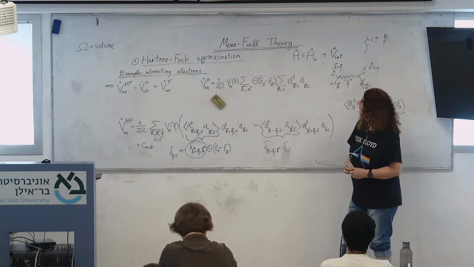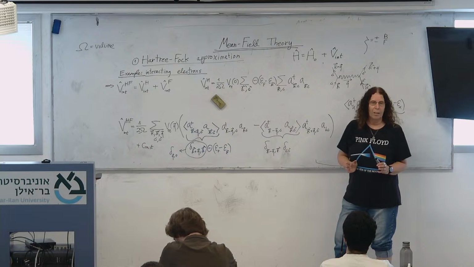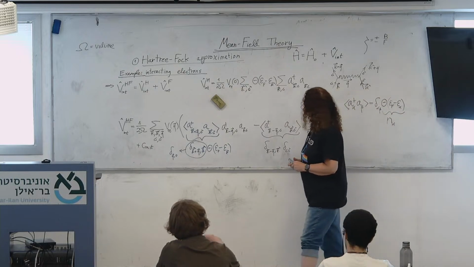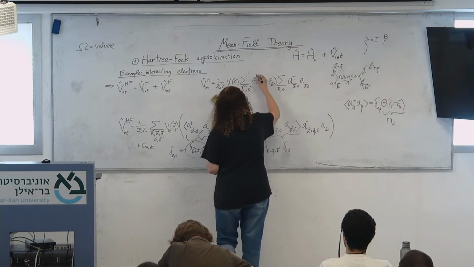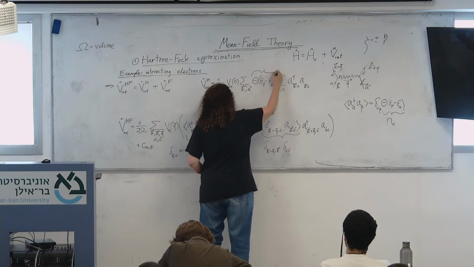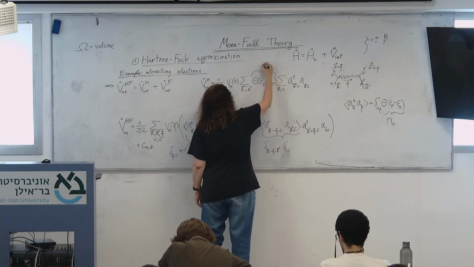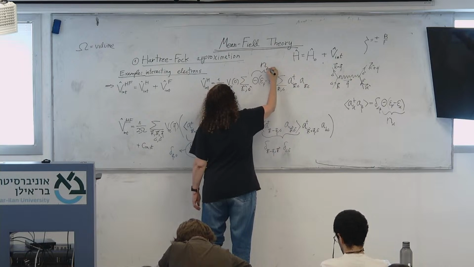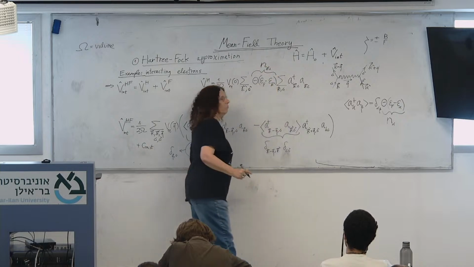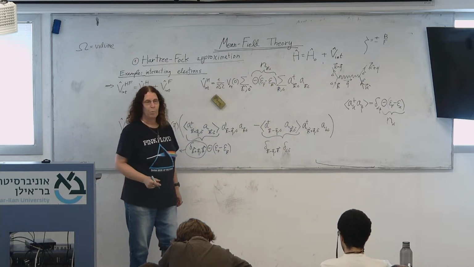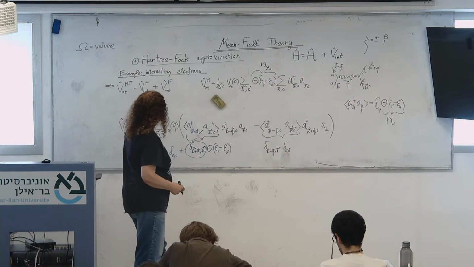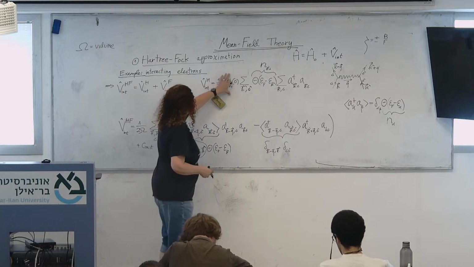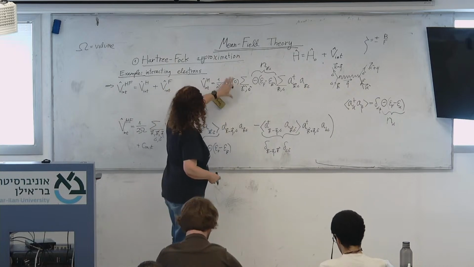Okay? Now this is great because, instead of writing the theta, I could just write the occupation of the state k prime sigma inside the Fermi sea. So what did I get? This is a constant, okay?